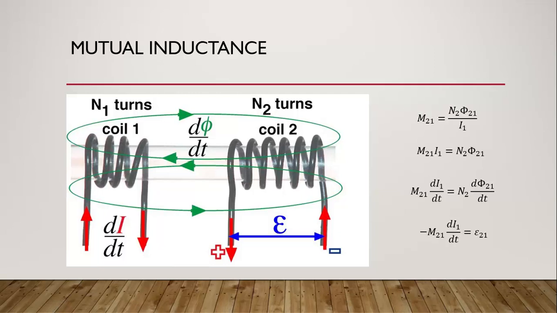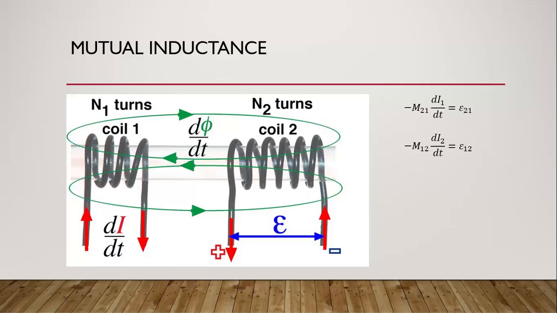That would be your way of calculating the EMF produced in 2 caused by changes in coil 1. It works out that if you did the same process, only changing current in coil 2 and looking at what happened in coil 1, you get a similar equation except all the 1s and 2s change.